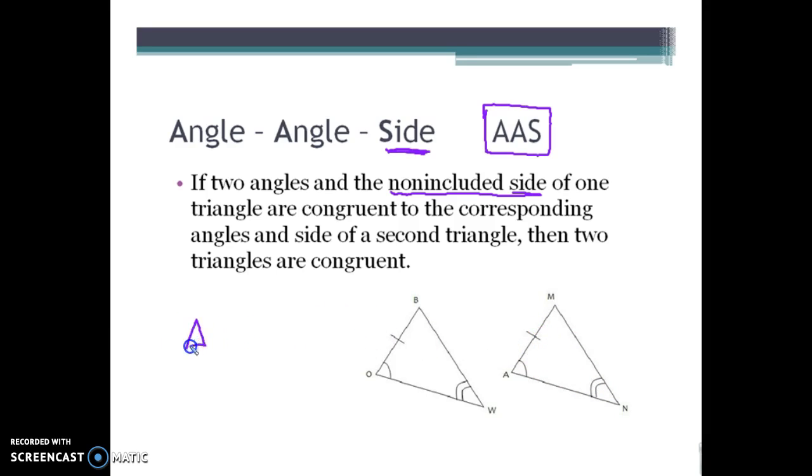So I can say that triangle BOW is congruent to triangle. I know that O and A correspond, W and N correspond, which leaves me with B and M. So triangle BOW is congruent to triangle MAN.